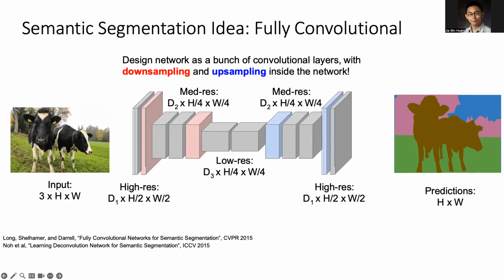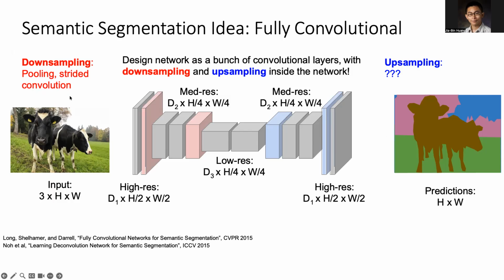This is the same concept as when we talked about Lucas-Kanade. Lucas-Kanade has this concept that if I want to track small motion, I need to downsample the image so that I can track the small motion in the low resolution image and then gradually propagate the solution upward. Similar concept. For downsampling, we can do pooling and strided convolutions.